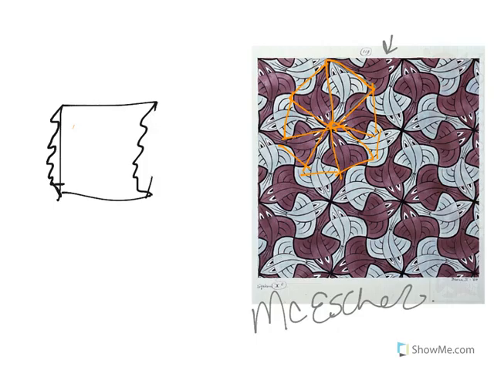So I could cut it from this side and move it to that side. And then they would kind of fit together like a puzzle piece. If I went like this, I'd have to move it down here. If I went like this, I'd have to move it up here, and so on and so forth. So that's how tessellations are created.